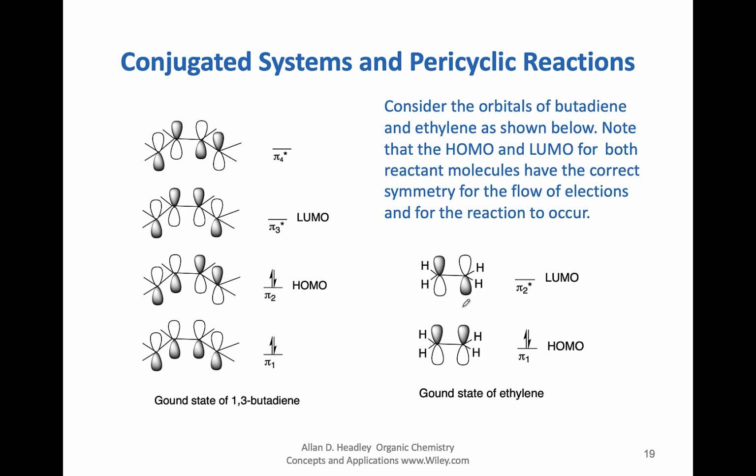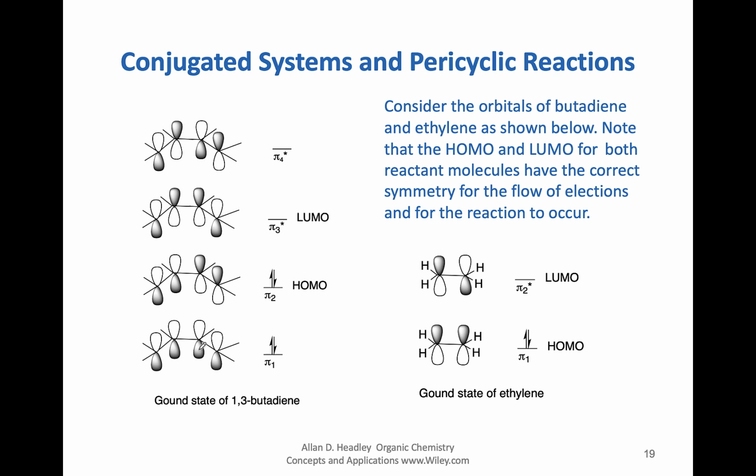Let us see what's needed for this reaction. Is it heat or is it light? Here are the ground state molecular orbitals of 1,3-butadiene. Remember, we have now 2 double bonds. So we have a double bond here and a double bond here. But to represent all these orbitals, we have 4 molecular orbitals, as shown here.